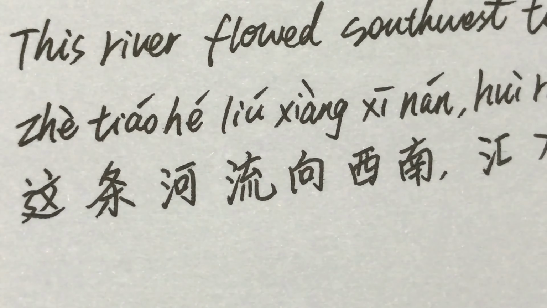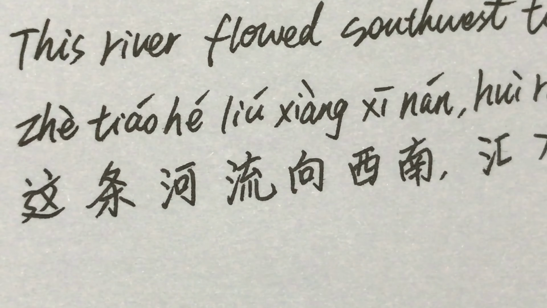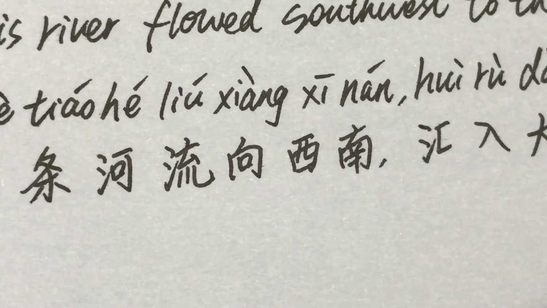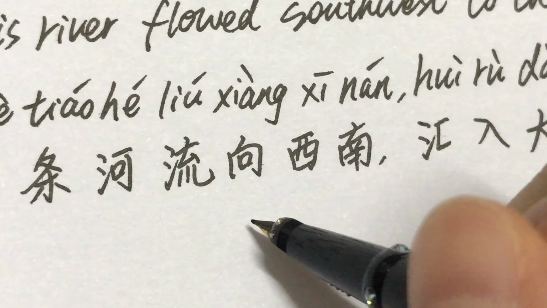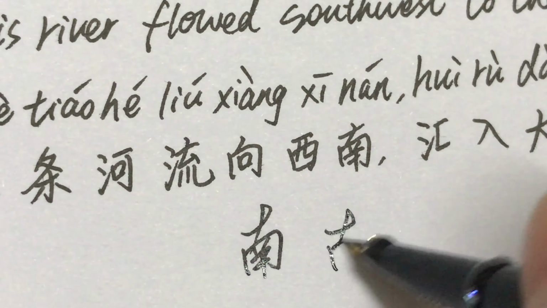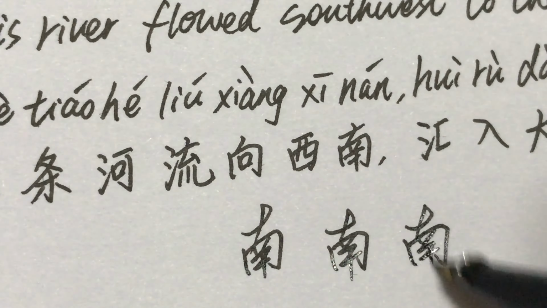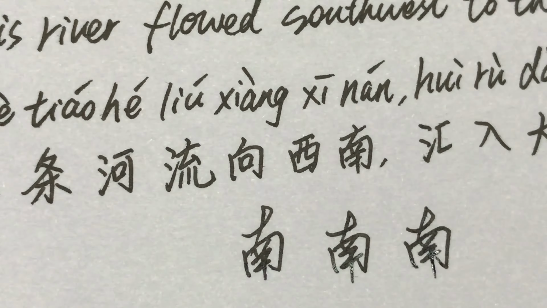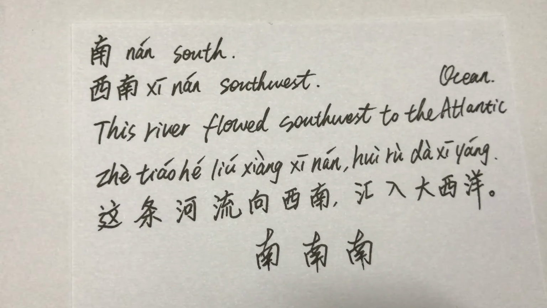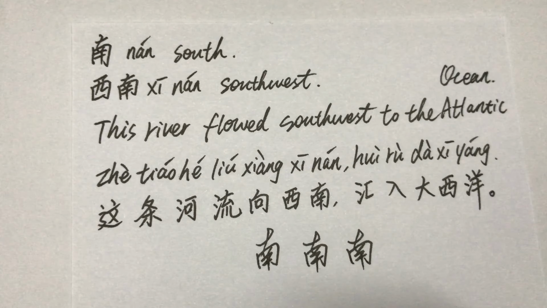This river flowed southwest to the Atlantic Ocean. 这条河流向西南，汇入大西洋。南 in cursive. Nan, south, 西南 southwest.